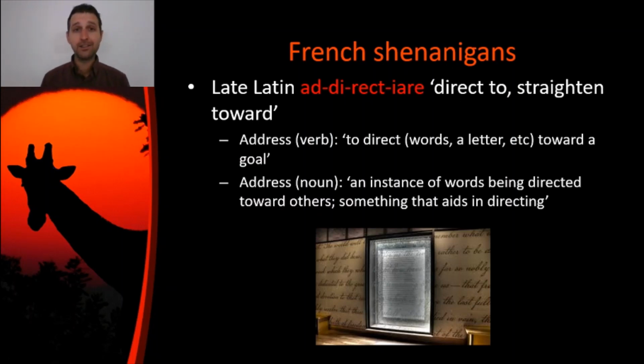As a noun, it's just the noun version of everything I just said. The Gettysburg Address as a noun is one particular instance of words being directed towards somebody, and an address on an envelope, for instance, is something that aids in directing something to or toward. There's that ad that got added in late Latin. So really, there's a lot going on here from this one compound in Latin, direct.